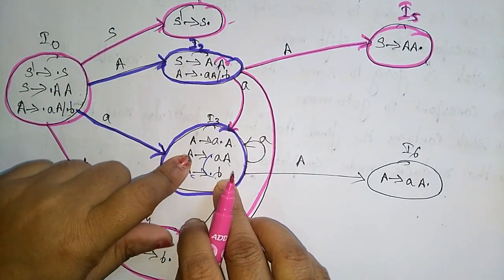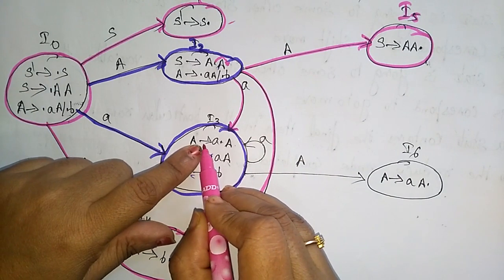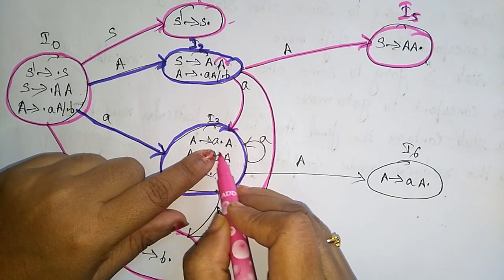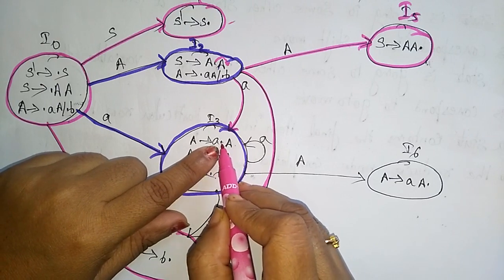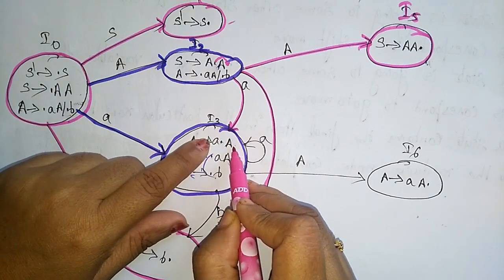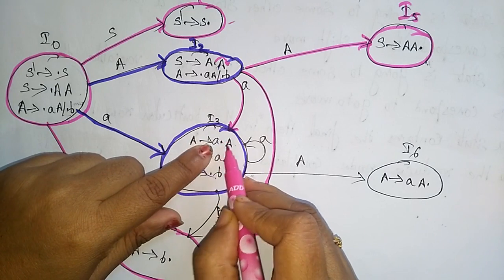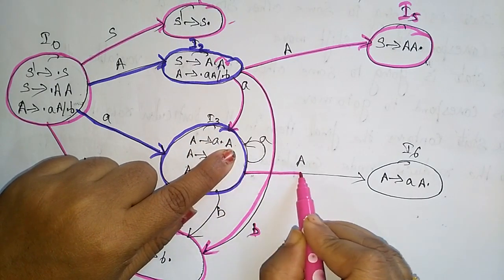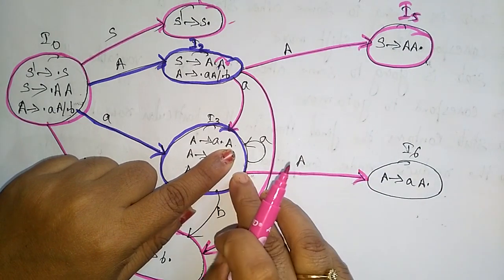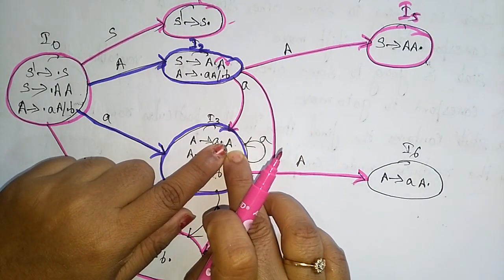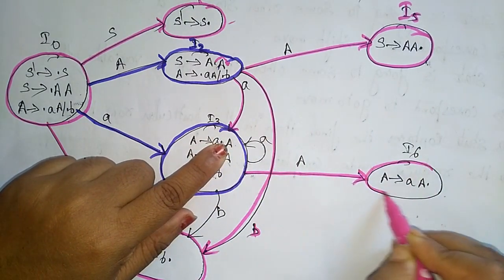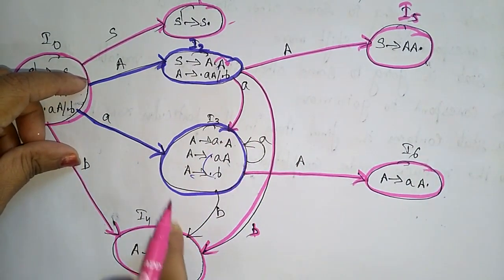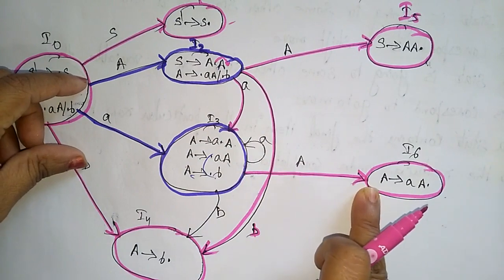Now coming to the I3 state. In I3, A determines A dot A. If you take A as an input, the dot is moving to the right hand side. It becomes the I6 state, A determines A dot. A dot is not here, so I took a new state.